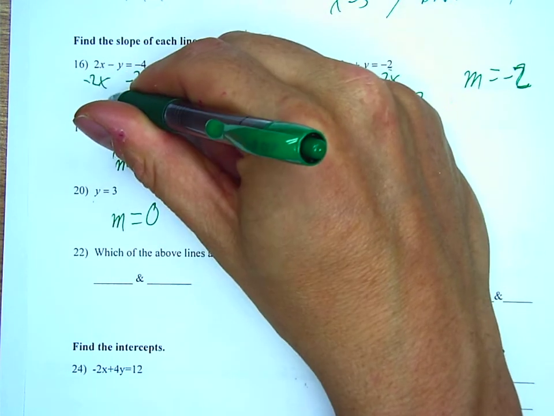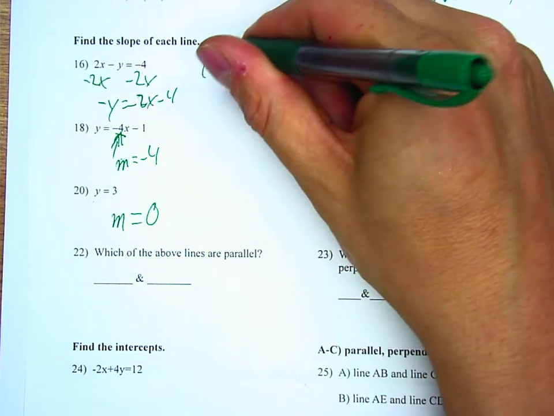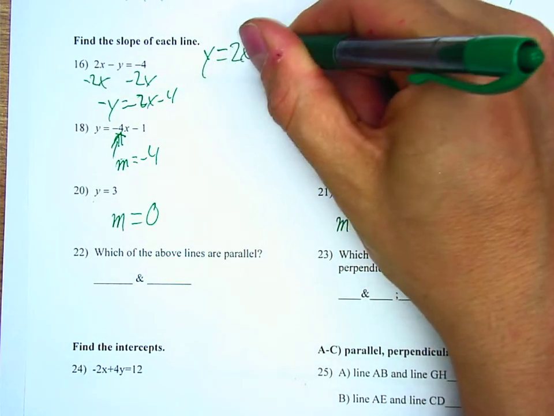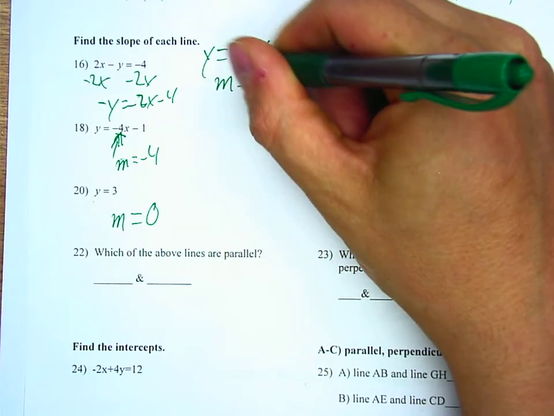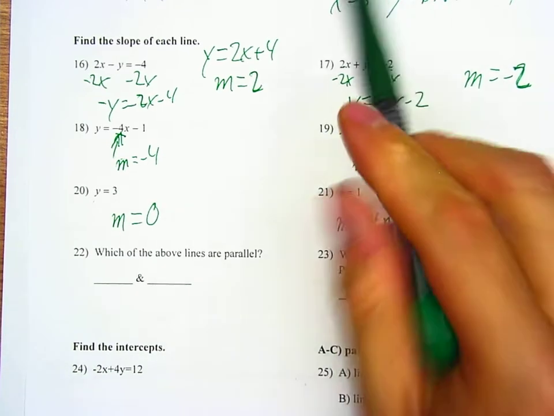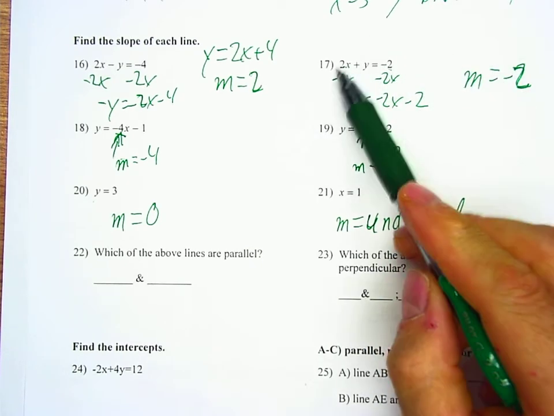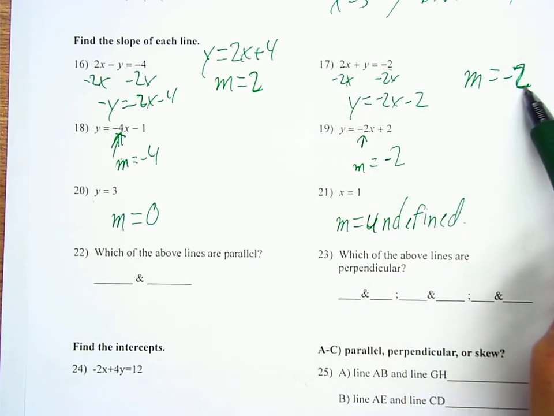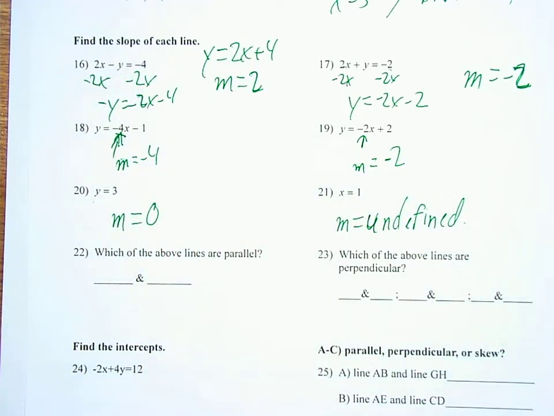Now, it's negative y, so I divide by -1, and it becomes positive y equals 2x plus 4. So here the slope is +2. With standard form, you can get the slope an alternate way as well, by dividing the coefficient of x by the coefficient of y, 2 divided by 1, and then changing the sign. So 2 over 1 negated is -2, and then 2 over -1 negated is +2.